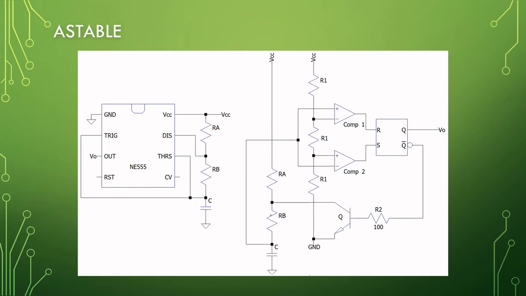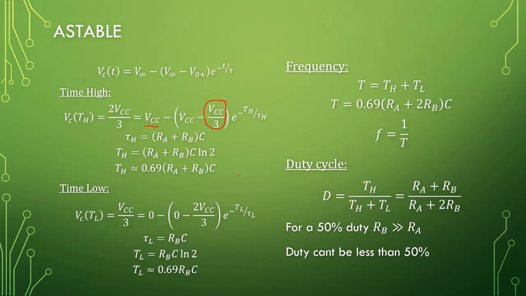So C times RA plus RB. Okay, so that is our time constant for being high. Okay, so getting time high alone, we get RA plus RB times C ln of 2. So our time spent high is 0.69 multiplied by our time constant.